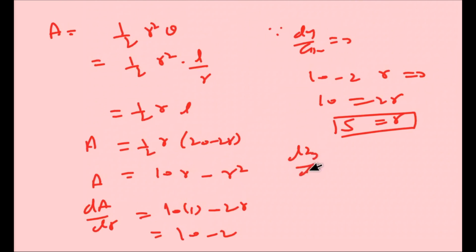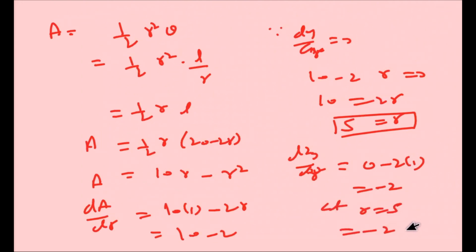d²A/dR² is equal to 0 minus 2 into 1 = minus 2. At R = 5, it is minus 2, less than 0. Hence at R = 5, area is maximum.